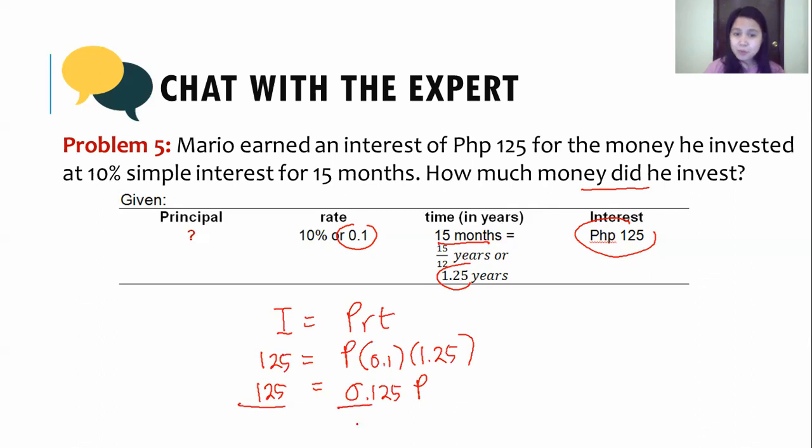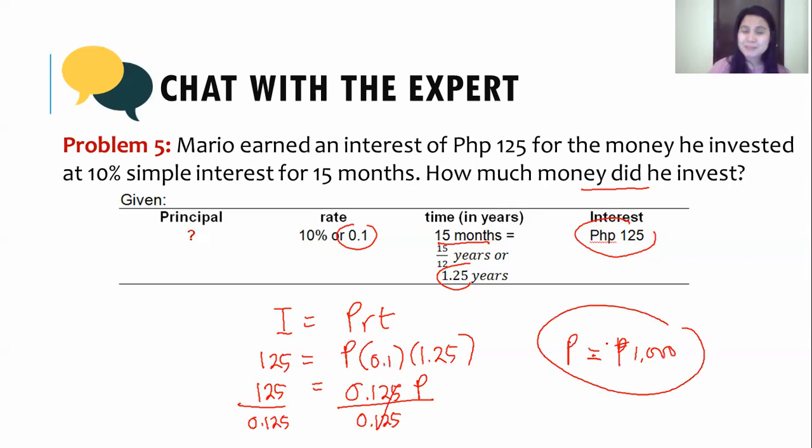You divide both sides by 0.125. You use your calculator again. 125 divided by 0.125. The answer is 1,000 pesos. That is our principal. Any questions? Feel free to raise your hand if you have questions, okay?